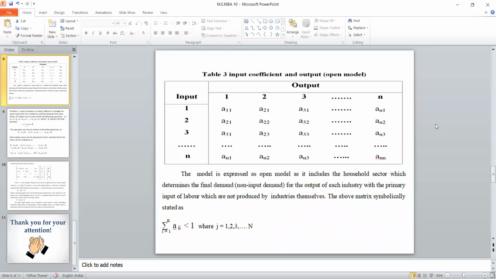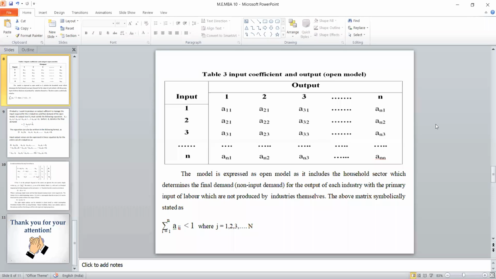So how do we make that particular equation? It's very simple. This matrix will be expressed in a linear form. Summation of i equal to 1 to n of aij is less than 1. Why is it less than 1? Suppose 100 units are produced by a particular industry, then that 100 units is equal to 1. More than 100, nobody can use.